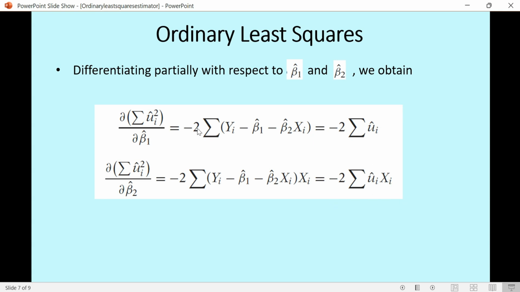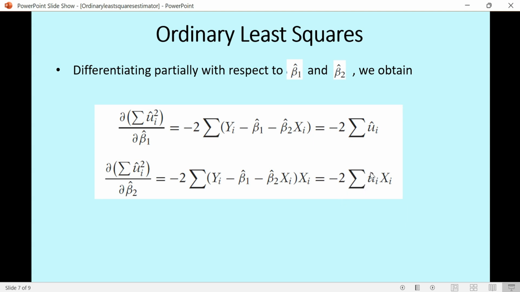elements, right? The partial differentiation with respect to beta 1 hat will get this item. This item actually is 2 times the sum of the residue, right? And the sum of squares of the residue differentiated with respect to beta 2 hat will get this form.